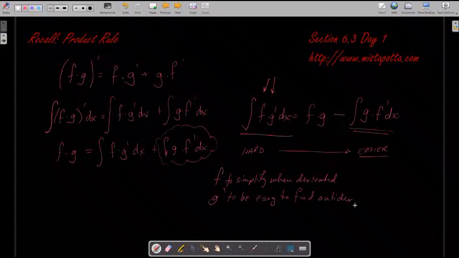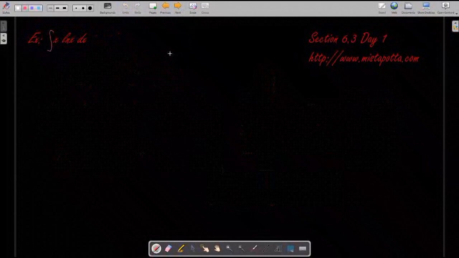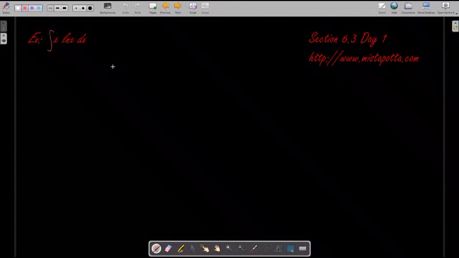But I want to talk about a few sample functions. So let's take a look at this first one. I've got the integral of x times ln x dx.